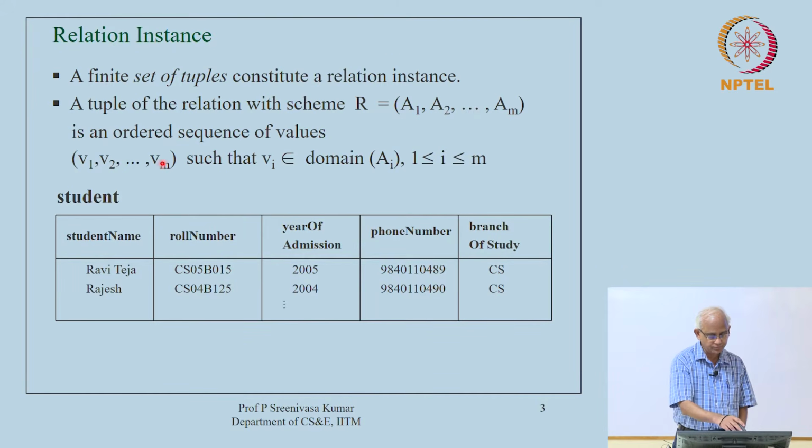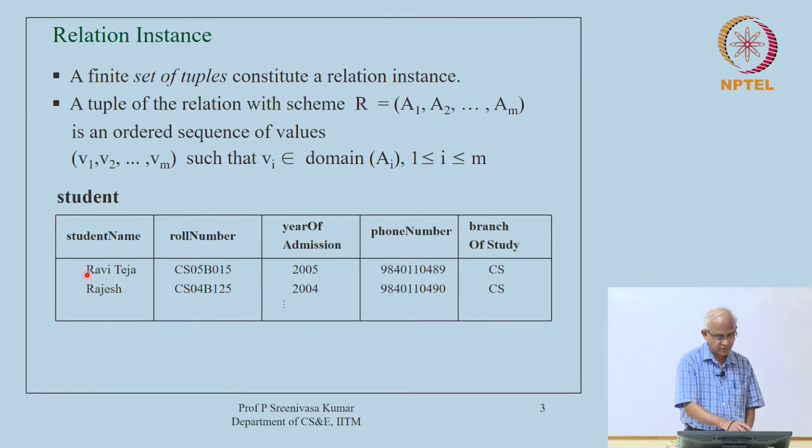Then we have a set of tuples, and this finite number of tuples constitutes the relation instance. A tuple is an ordered sequence of values V1 through Vm, such that each Vi belongs to the domain of the corresponding attribute Ai, for all i from 1 to m.